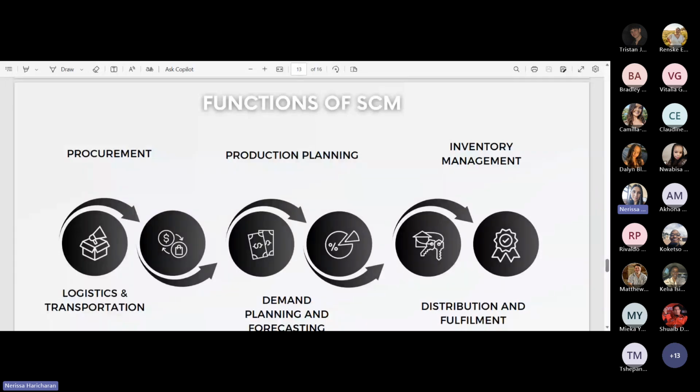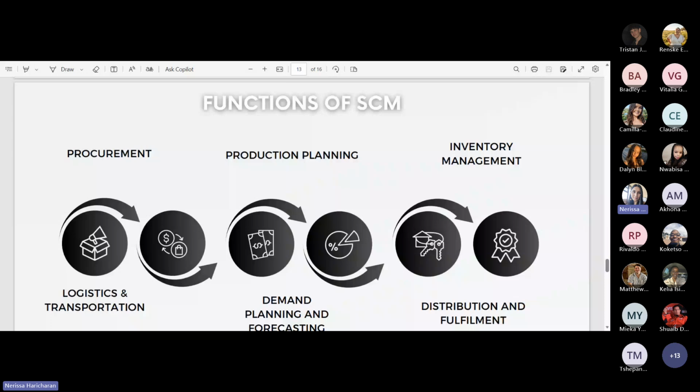Then we have production planning. So this is more from a manufacturing perspective. It's how you're planning and scheduling your processes in order to have as much optimization of your production process as you possibly can. You're meeting the schedules in order for you to meet the customer's demand, while still minimizing costs, while still maximizing your efficiency in your business.